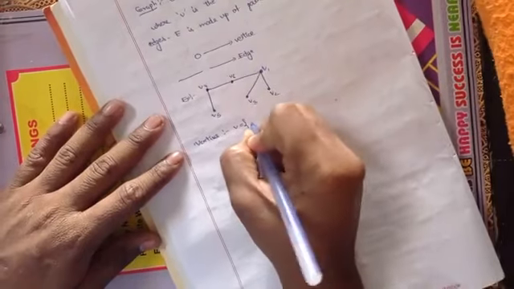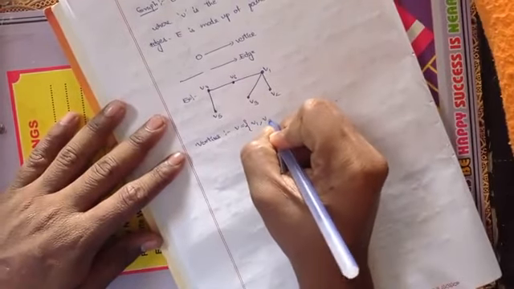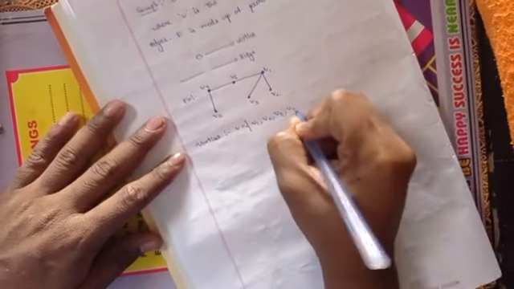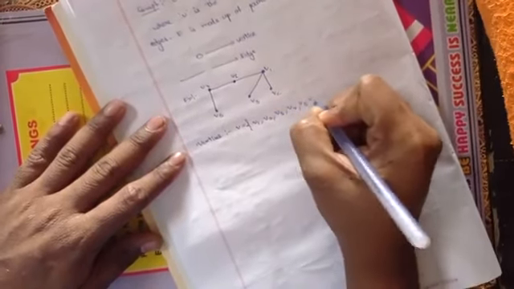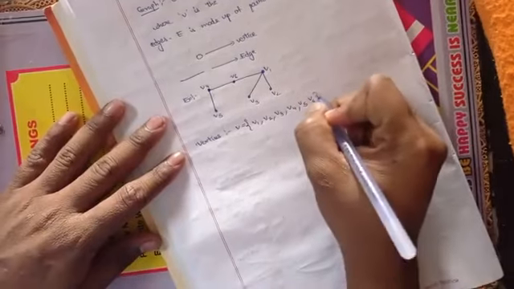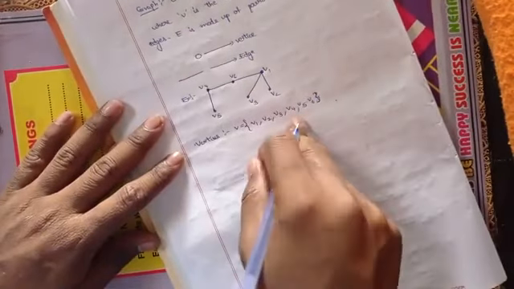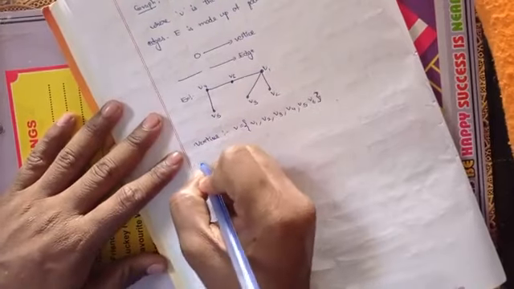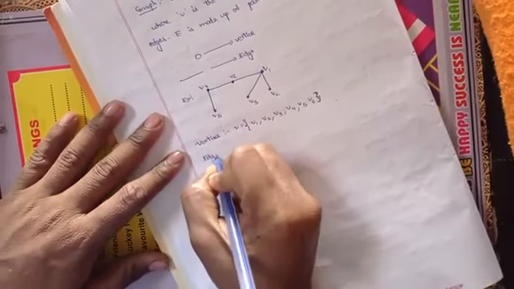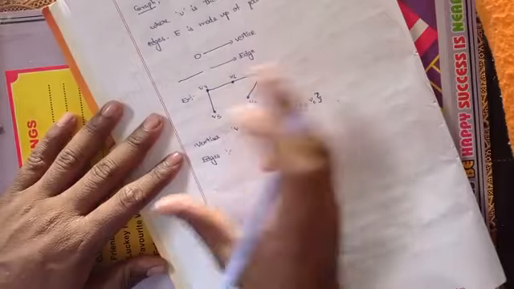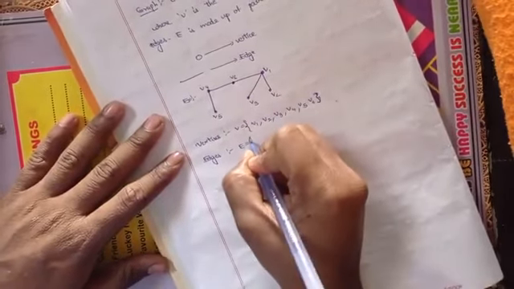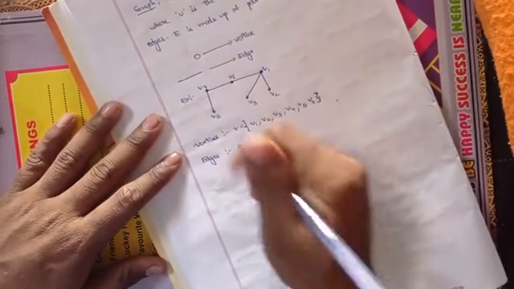So here we have V1, V2, V3, V4, V5 and V6 as the vertices of the given figure. So let us note down the edges also. So edges are nothing but the connection between two vertices.